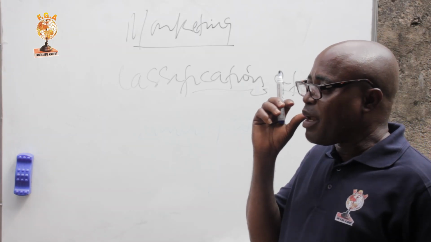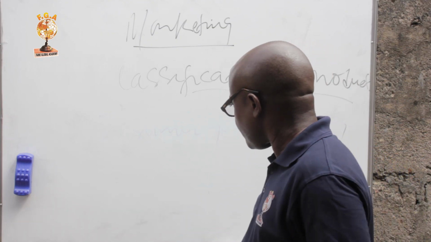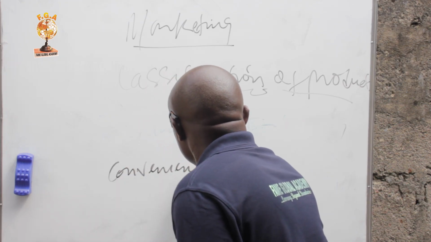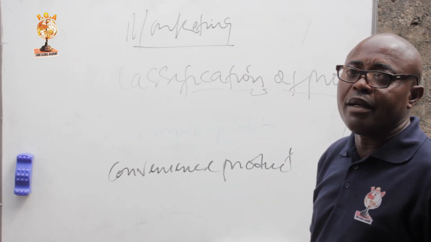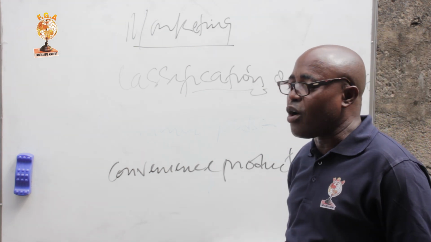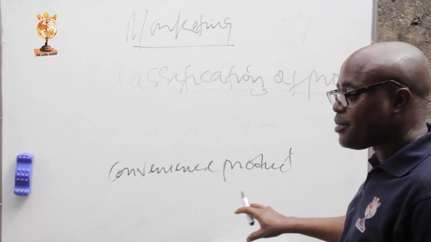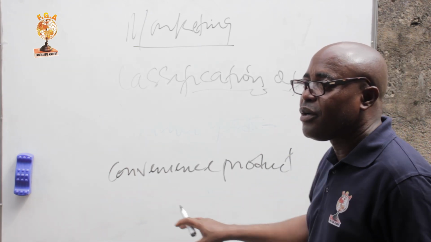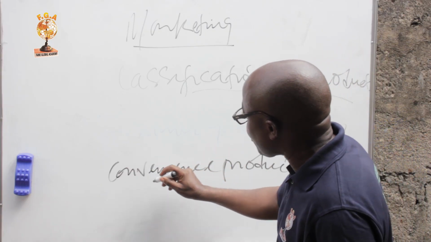These convenient products include little items that children pick on a daily basis when they are going to school. Inside there you have biscuit, sweet, newspaper, chewing-gum. These little items are under consumer goods.